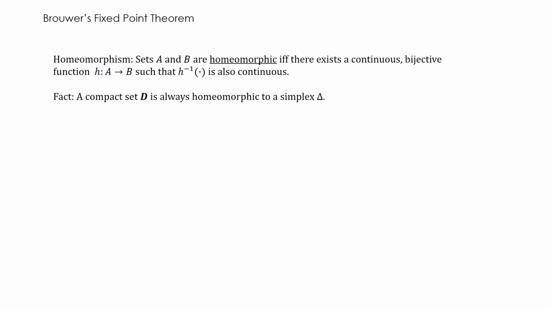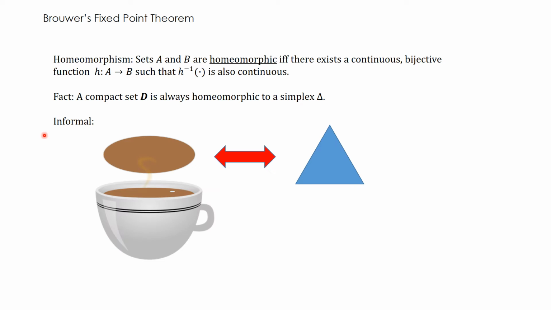Homeomorphism. Sets A and B are homeomorphic if there exists a continuous bijective function h mapping A to B such that h inverse, the inverse function, is also continuous. Now it's a fact that the compact set D is homeomorphic to a simplex. Informally, it means that this surface of this cup of coffee is homeomorphic with this triangle.